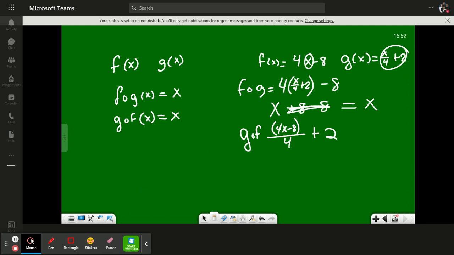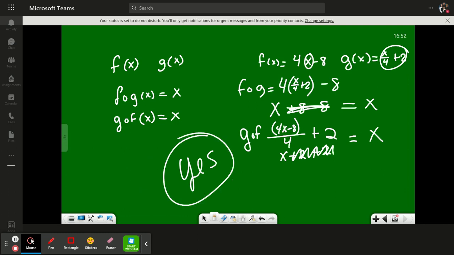Can I get a 4 out of all of them? So x minus 2 plus 2. It's gone. Equals x. Yes, they are inverse functions. My answer is yes.